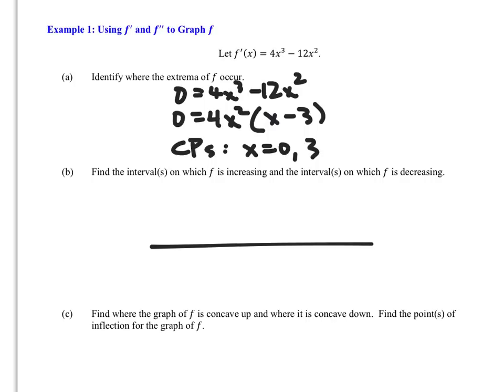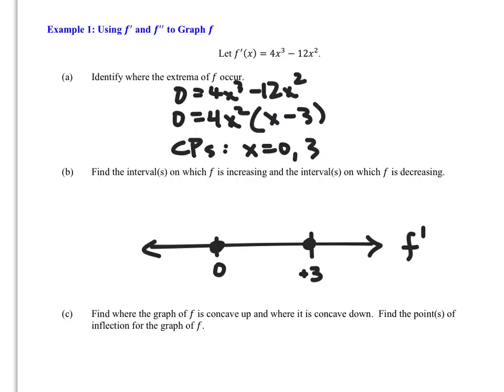So I can do a nice little sketch here. I know that f prime equals 0 at 0 and 3.